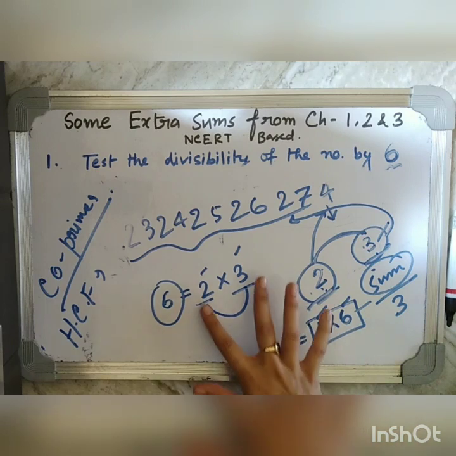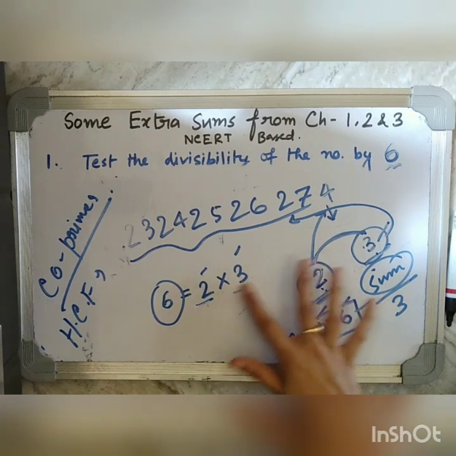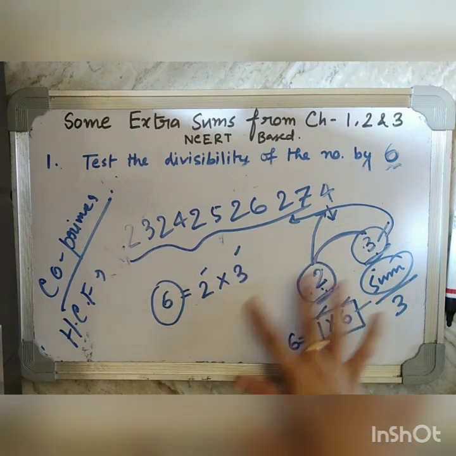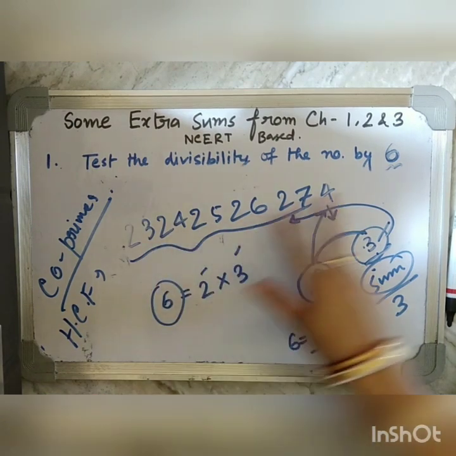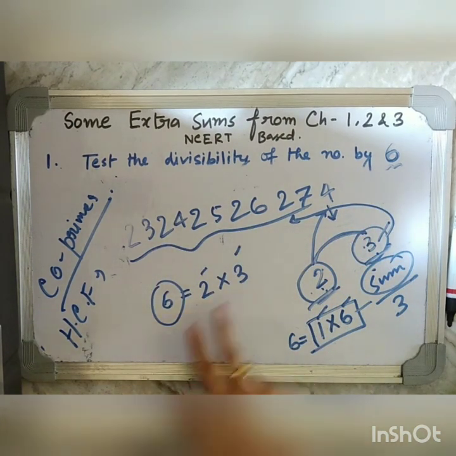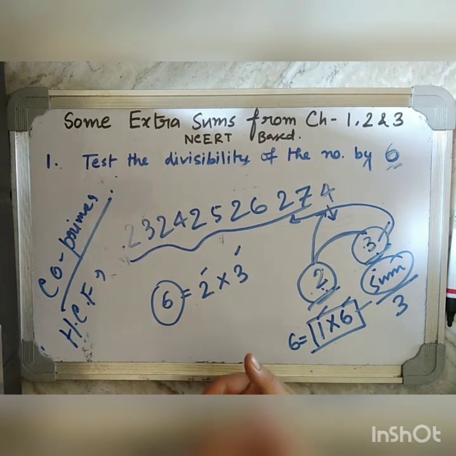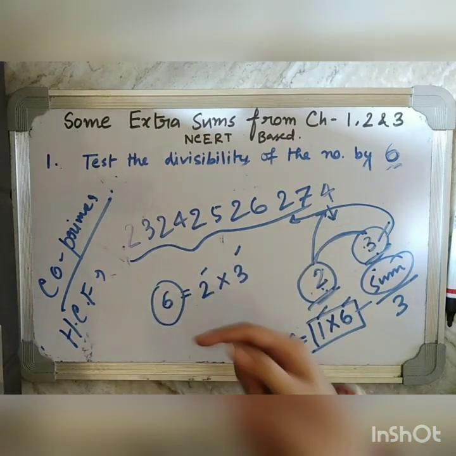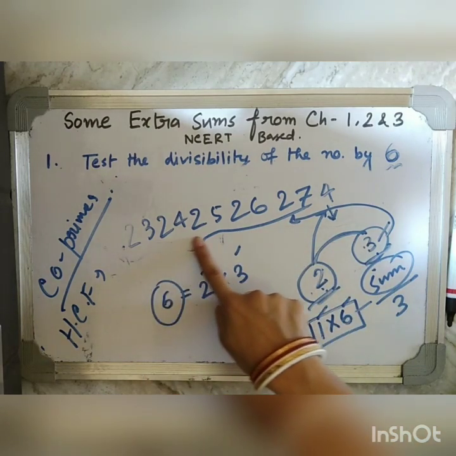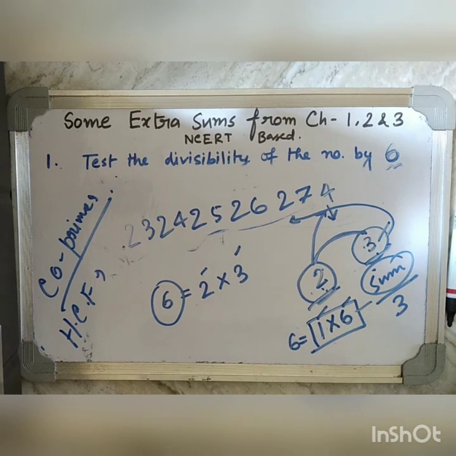By taking the concept of co-prime numbers, we have found that if we check the divisibilities of these two co-prime factors of 6, by multiplying which we are getting the answer 6, we can easily understand that this number will be divisible by 6. Okay.